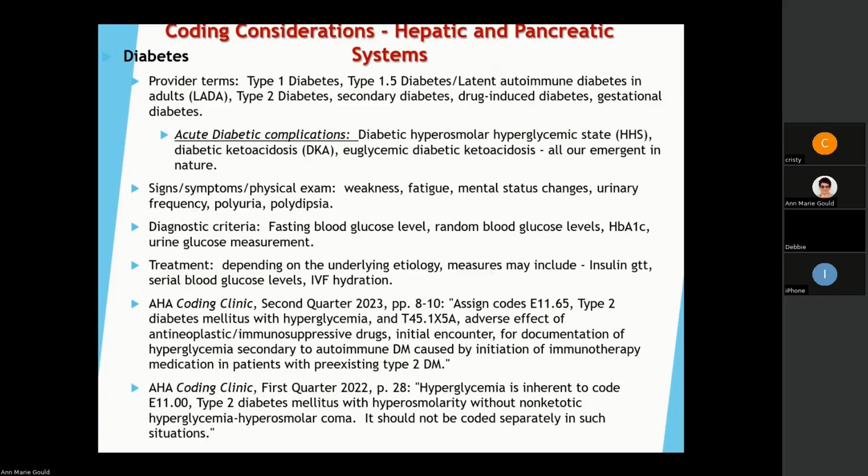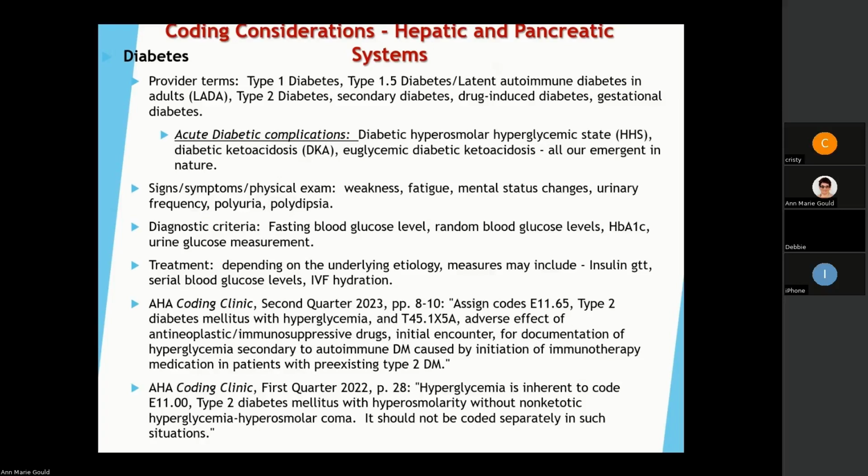So if a patient already has type 2 diabetes and they're starting immunotherapy for whatever reason, whatever their diagnosis is, then you're going to assign these two codes, because of course, your immunotherapy is being prescribed and taken accordingly based on the treatment plan of the provider.